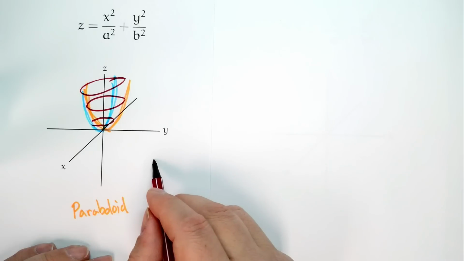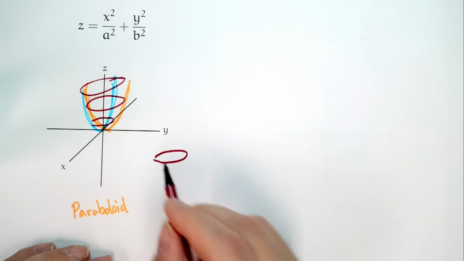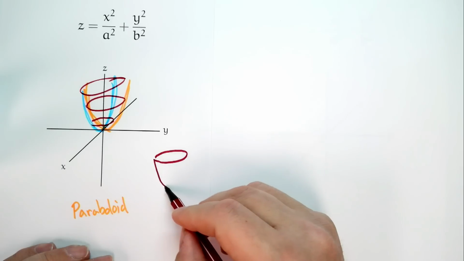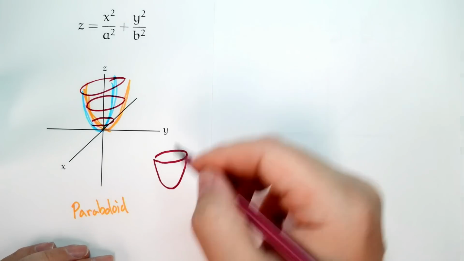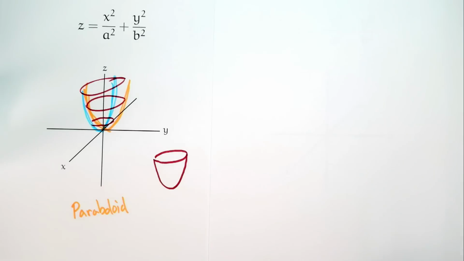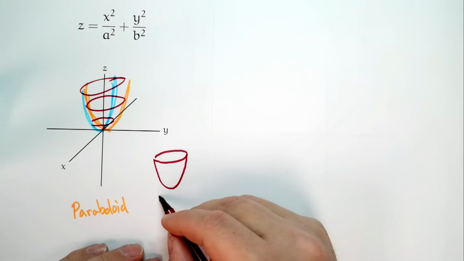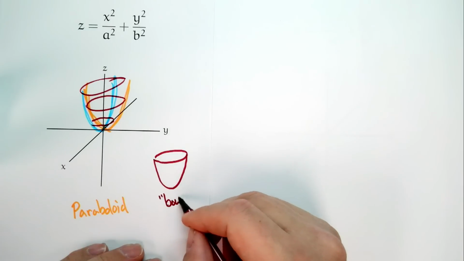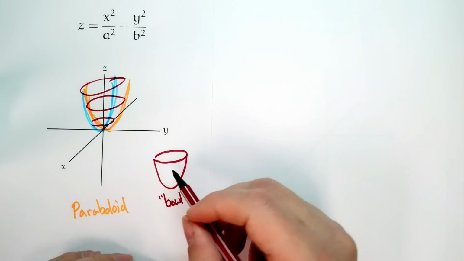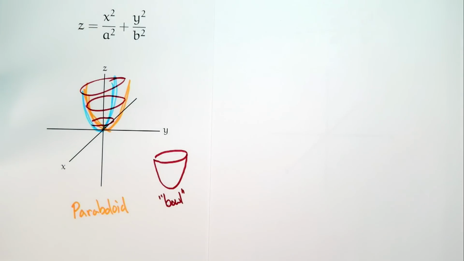And in general, the way we draw these is we have a bowl. This is an upside bowl, not an upside down. So these are sometimes affectionately called bowls. And these types of surfaces are going to be important as we go on and talk about things such as classifying critical points. Because notice that a bowl has a minimum.